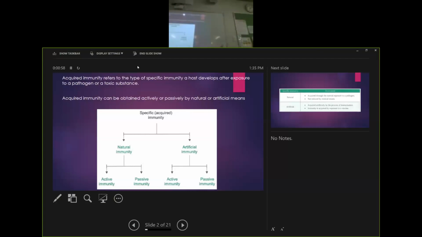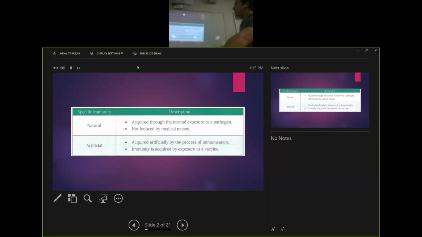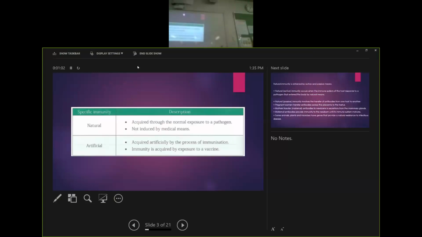Now, what do we mean by this? We said natural is acquired through normal exposure. It's not by any sort of medical means. A couple hundred years ago, this is all we had. We really only had natural means of immunity. Over the last 50 or so years, artificial immunity has really taken over and it's become a large thing.